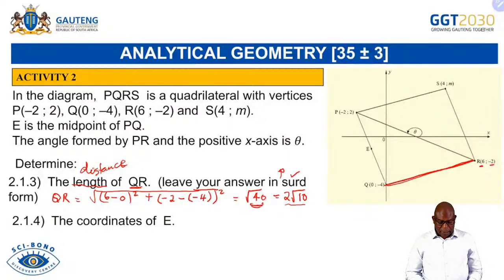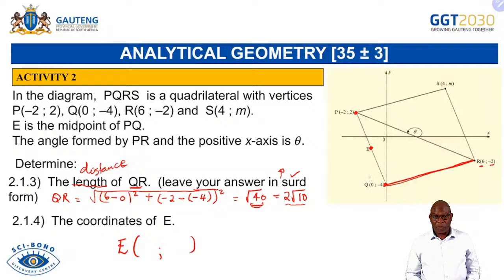Okay. Now, the coordinates of E, which is the midpoint of that. So with the midpoint, as I said, I can just write down the answer for the midpoint by looking at the sketch. So what I do is the E is between the point P and Q. So I can start with an X. Minus 4 minus 2.